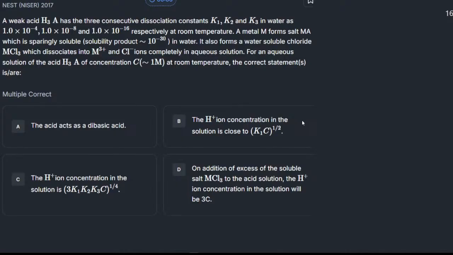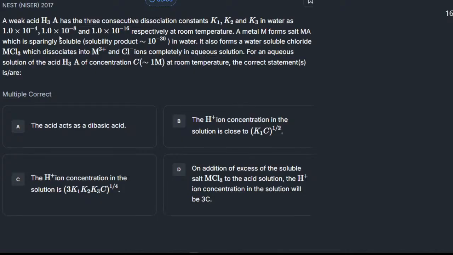A weak acid H3A has 3 consecutive dissociation constants K1, K2, K3 in water, as given, at room temperature. K1 is maximum, K2 and K3 are very, very less: 10 raised to power minus 4, then 10 raised to power minus 8, which means 10 raised to power 4 times less, then 10 raised to power 8 times less.